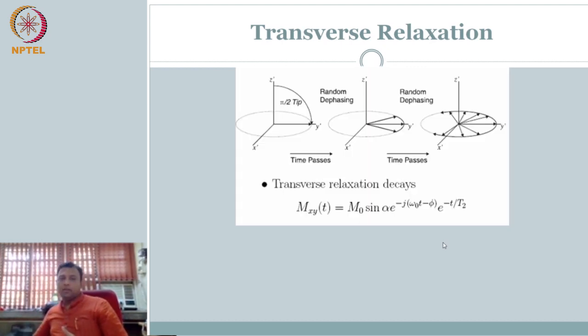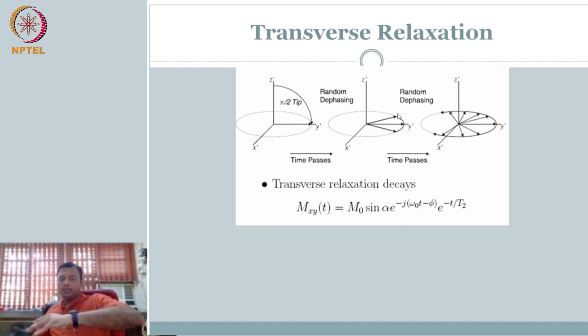Of course, the rate at which it goes down is a time constant, which we'll shortly name. So here is the process that we are talking about. Initially, notice it is all Z dash, X dash, Y dash, meaning I am sitting in the circular rotating frame of reference. So I have the magnetization vector. I put in a pi by 2 excitation, so it has fallen down. After I stop the excitation pulse, immediately it will start to dephase, and therefore the signal starts to go down.